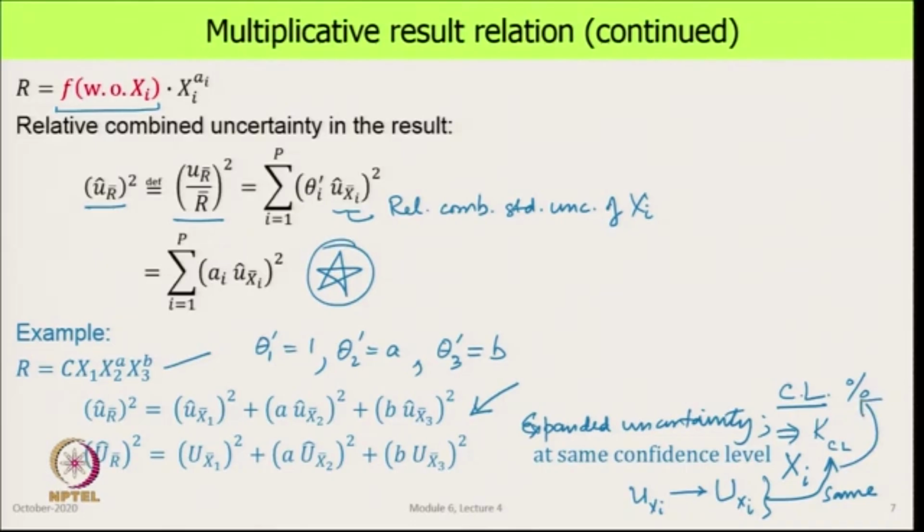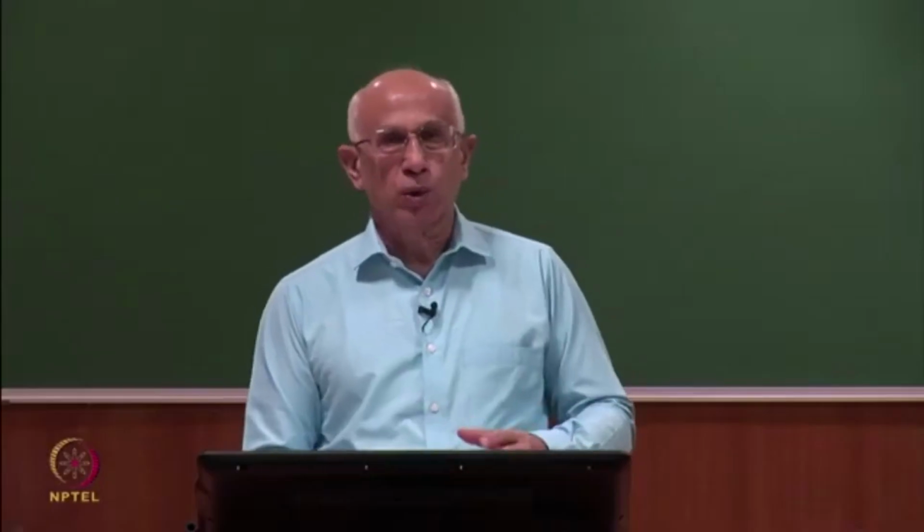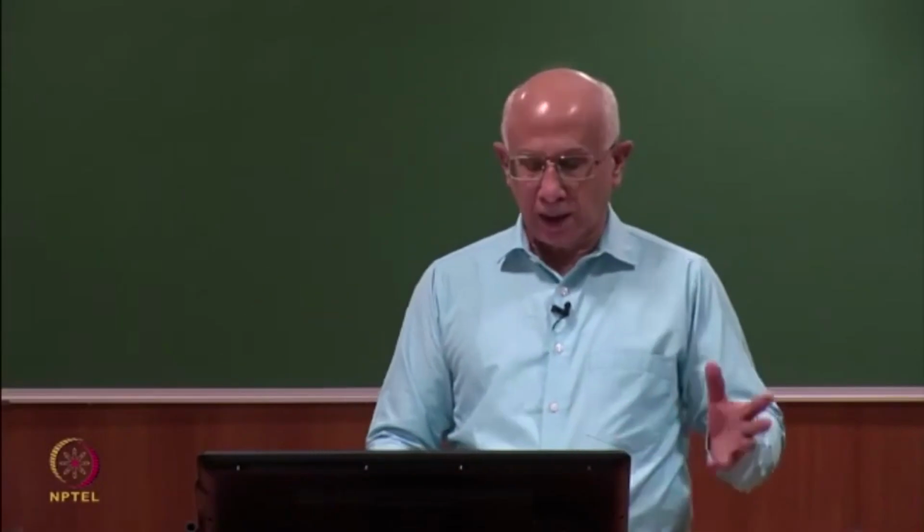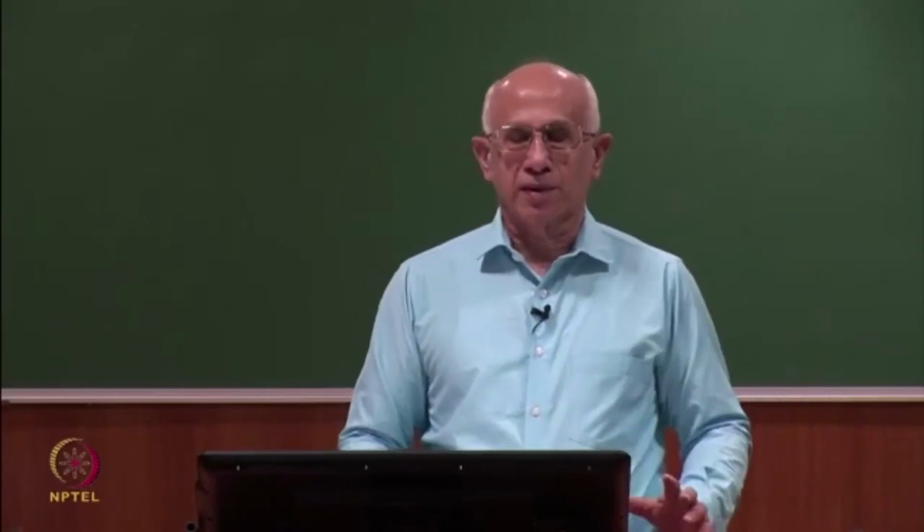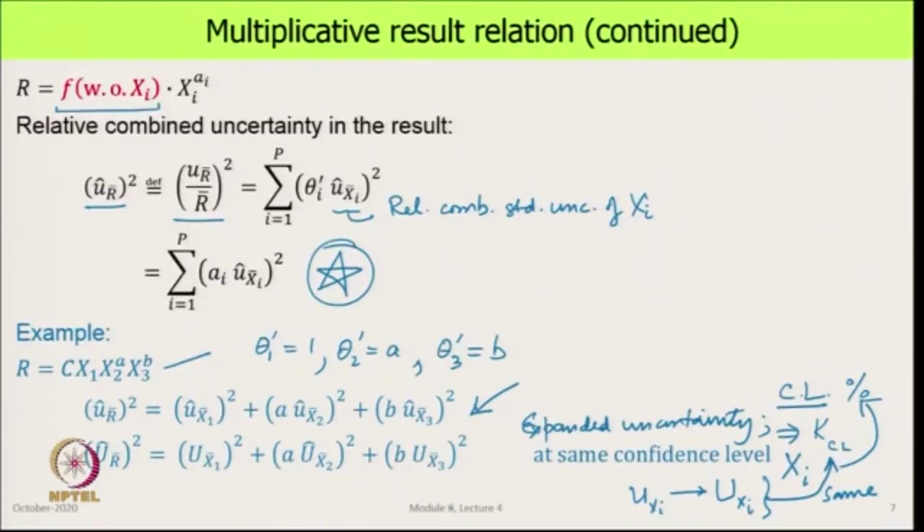If x 1 is reported at 95% confidence level, x 2, x 3, x I, everything should be reported at 95% confidence level. We cannot have x 1 at 95% confidence level, x 2 at 99% confidence level, and x 3 at 60% confidence level. Then this is not done.